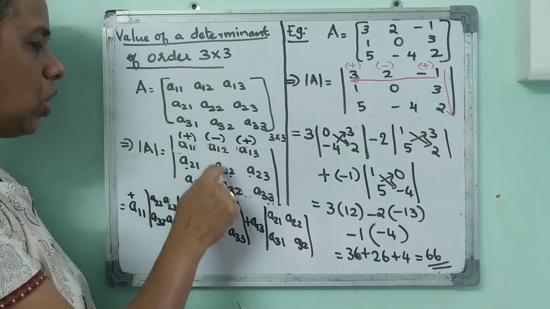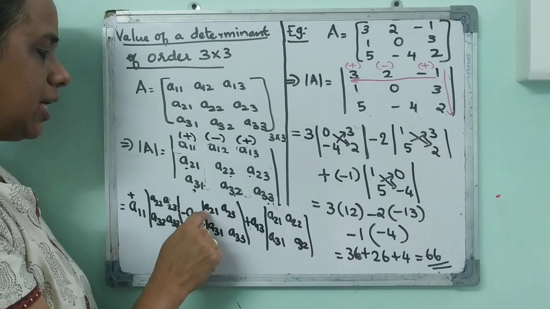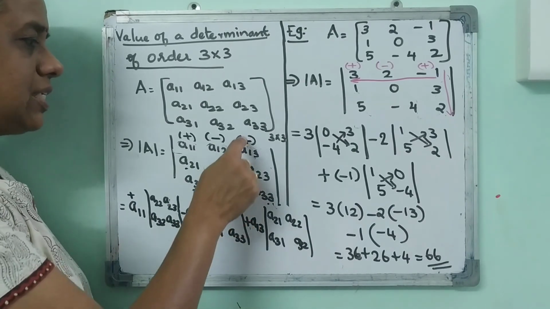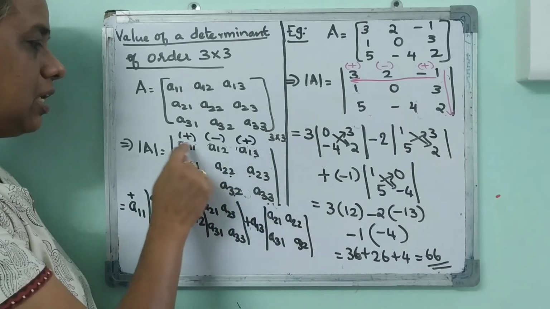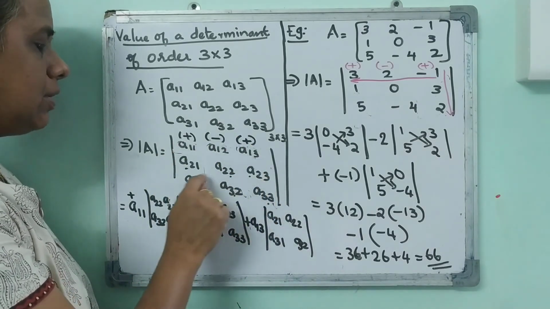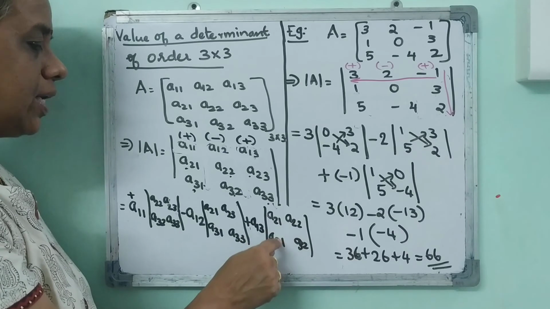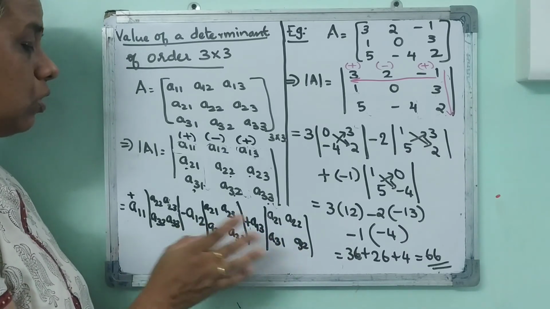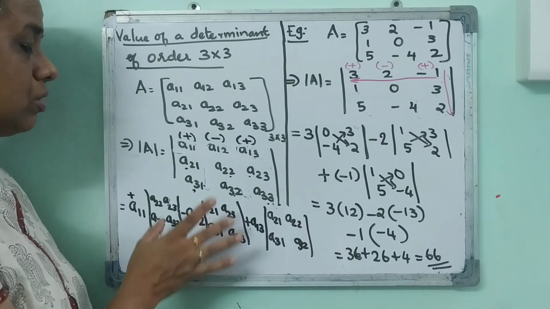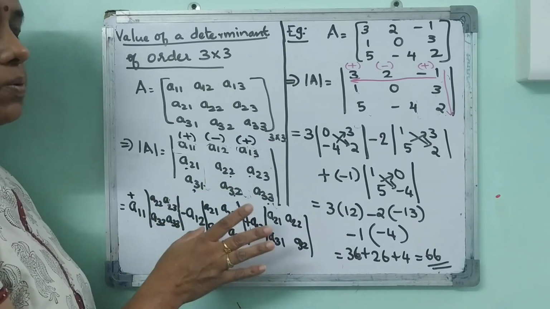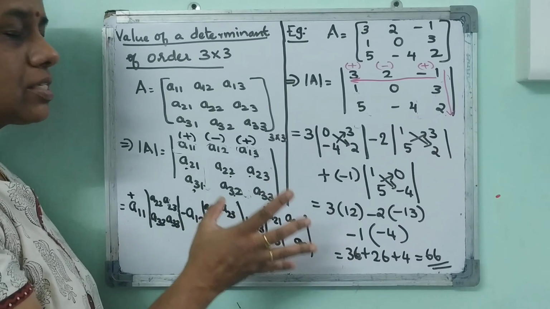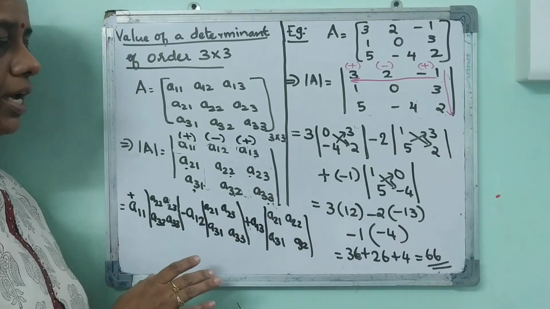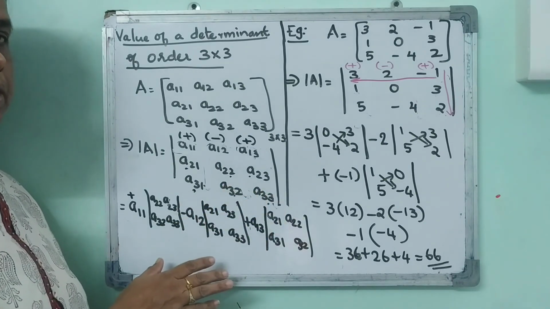Delete the row and column in which that lies. You get the remaining determinant A21, A23, A31, A33. Again take the third element, plus A13 into, delete the row and column in which that element lies. You get A21, A22, A31, A32. Evaluate this determinant. You know how to evaluate a determinant of order 2. Do the calculation and get that. That's why I told you that determinants always give a value. So that is how we learn about the value of a determinant of order 3.